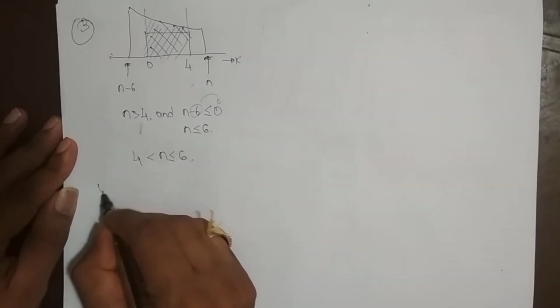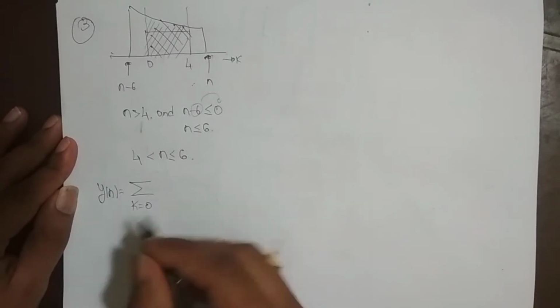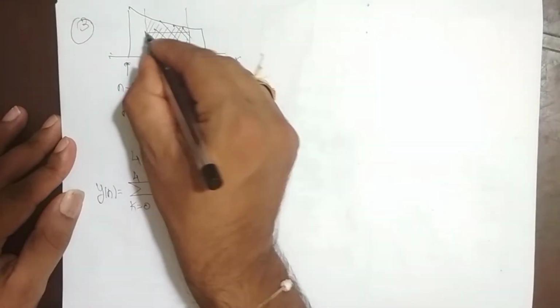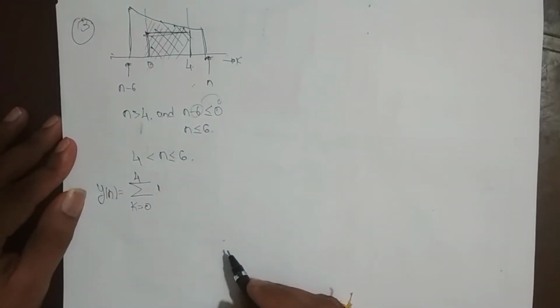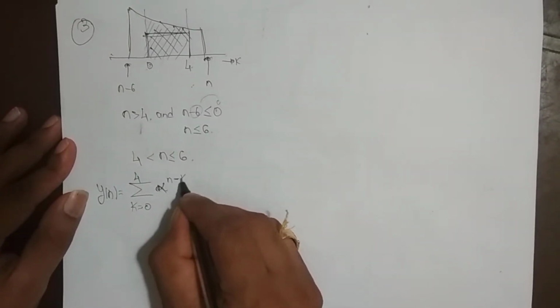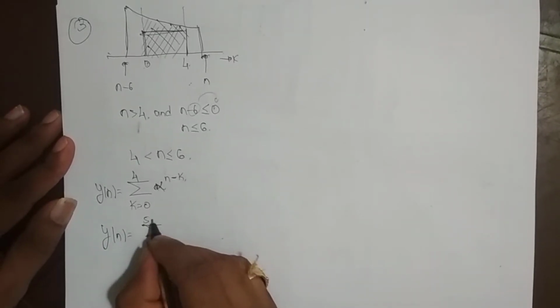Okay, so what is y of n now? y of n is summation k varying from 0 to 4. The overlapping portion is 0 to 4. x of k is 1. This is our x of k sequence, which is 1. h of n is alpha power n, so h of n minus k is alpha power n minus k. So y of n is equal to summation k varying from 0 to 5 minus 1.